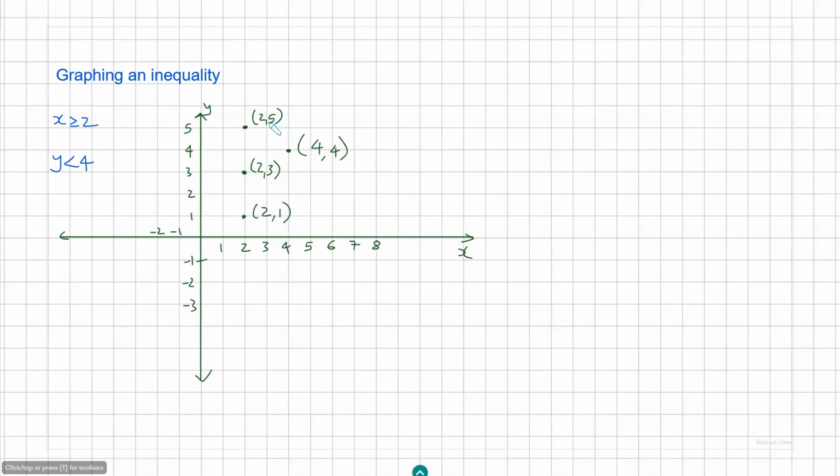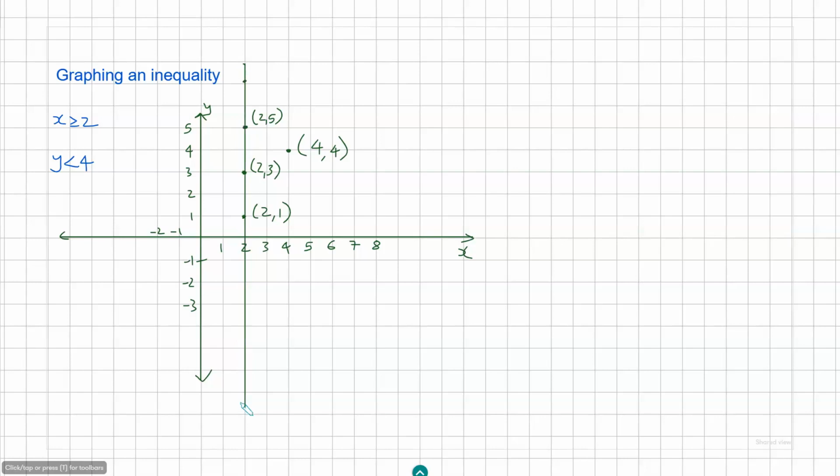So if I mark a point anywhere on this vertical line, suppose I draw a vertical line like this. This is your line.